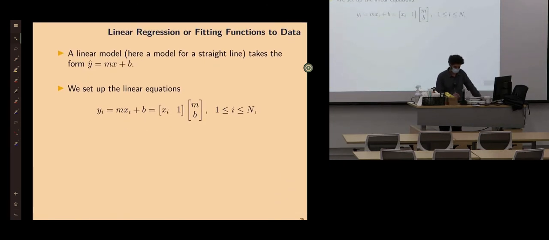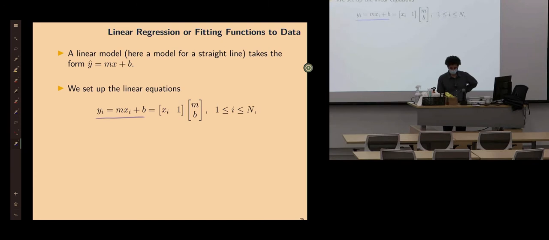Now, well, we have many points. We have 5 points. Now, each of them should satisfy the model that we have for the line, right? So we can write yi equals m times xi plus b.